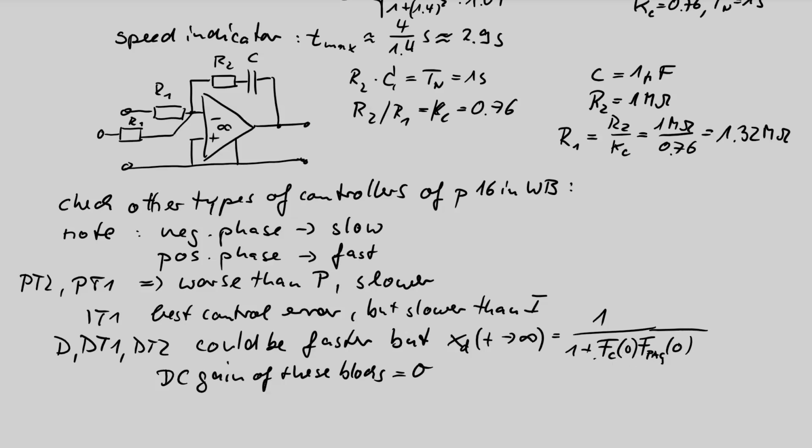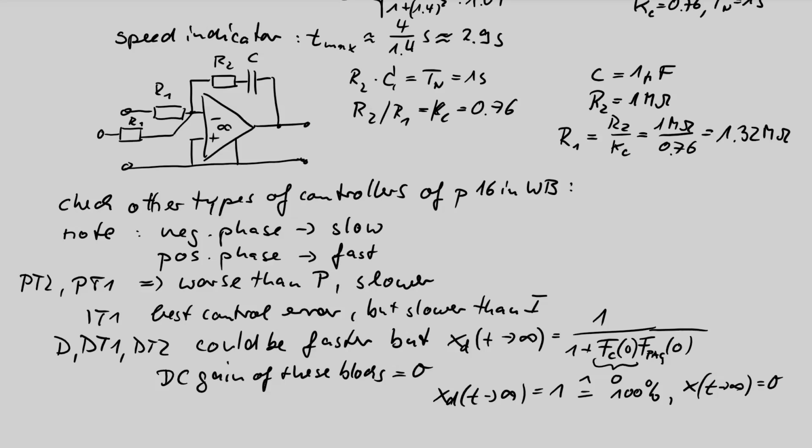That means this is 0, independent of this size. So the control difference is 1, meaning 100%. That means x of t going to infinity is always 0.